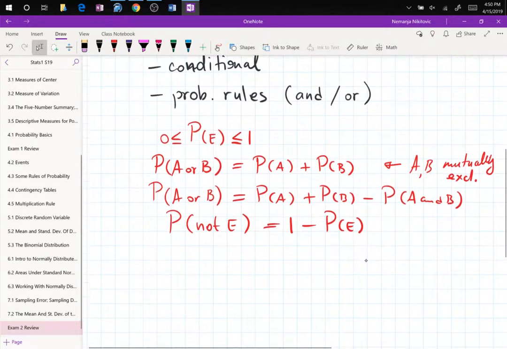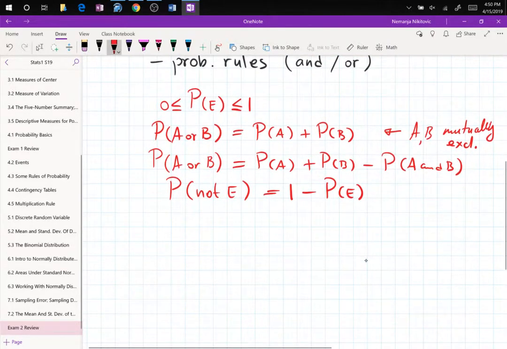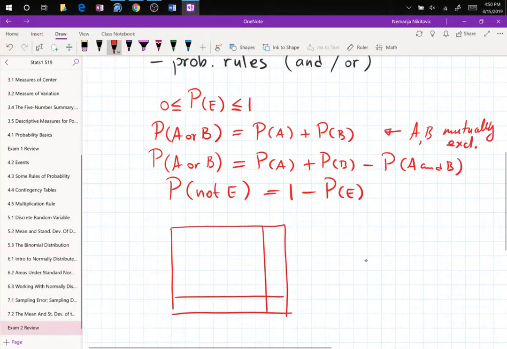So for the contingency table, we said that on sides we have totals, over here we have cells, and the grand total.